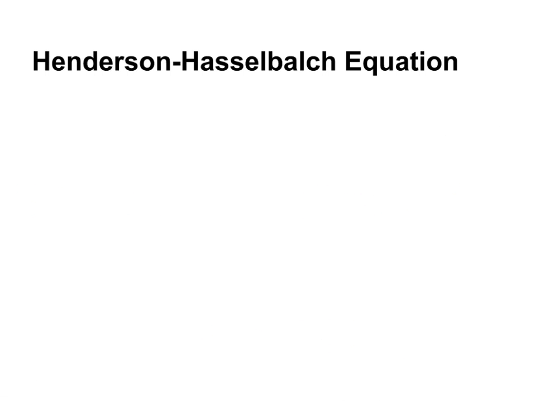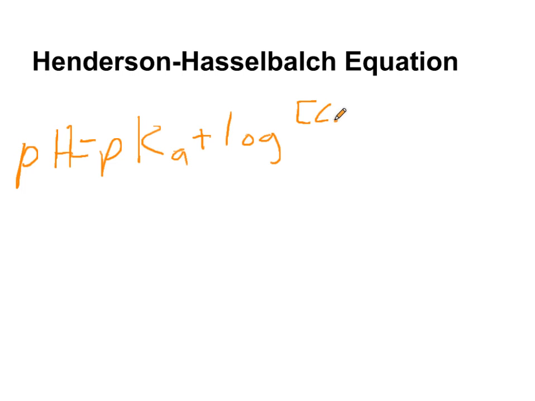This is one of the most important equations you're going to learn this year. It's called the Henderson-Hasselbalch Equation. It's our lifesaver equation for dealing with buffers. The Henderson-Hasselbalch equation is pH is equal to pKa plus the log of the conjugate base concentration divided by the weak acid concentration.